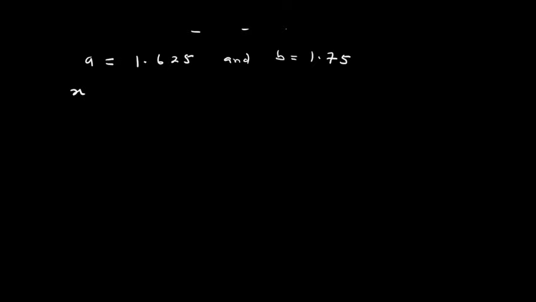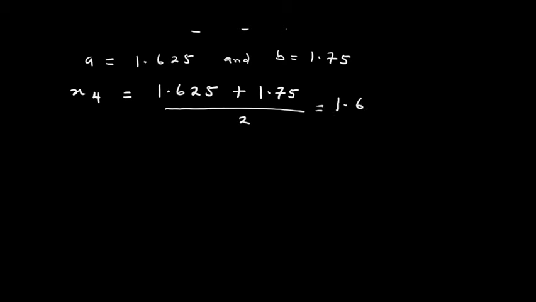So x4 will be equal to 1.625 plus 1.75 over 2, which is equal to 1.6875.